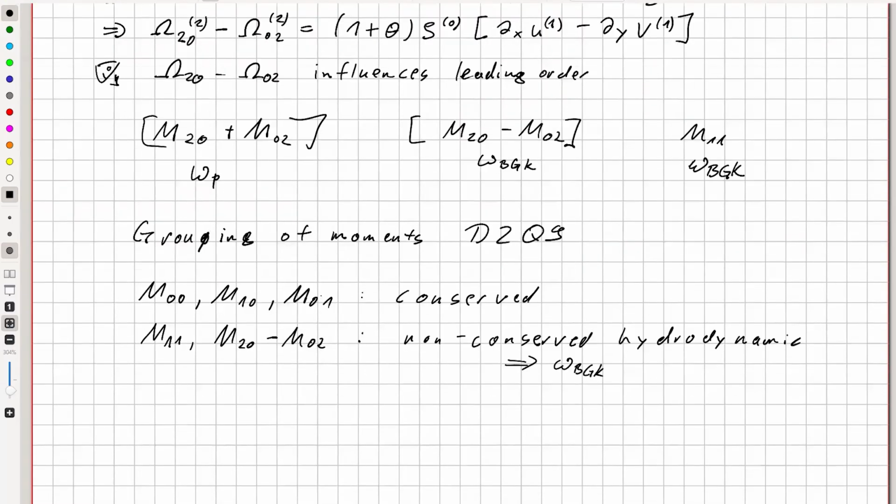Then there is M20 plus M02. This is actually the pressure, or it's called the acoustic moment. In acoustic scaling, this thing is not 0, and you can actually do pretty good acoustics with this.